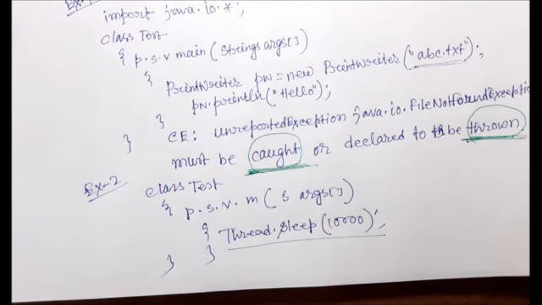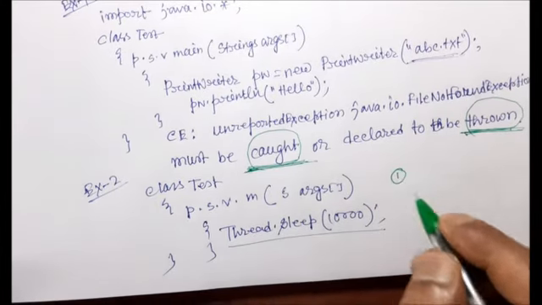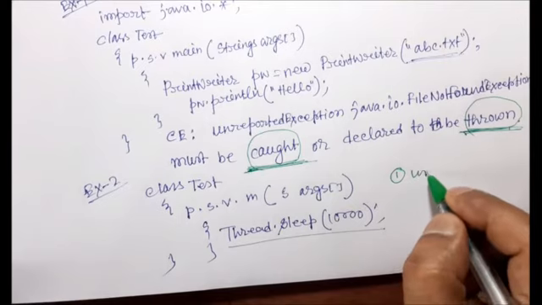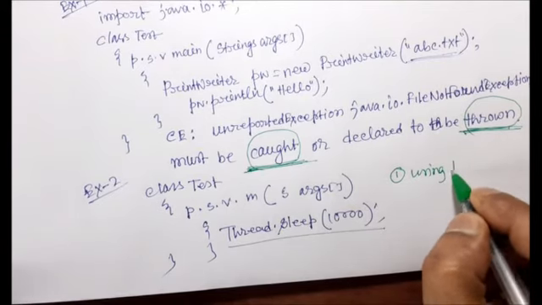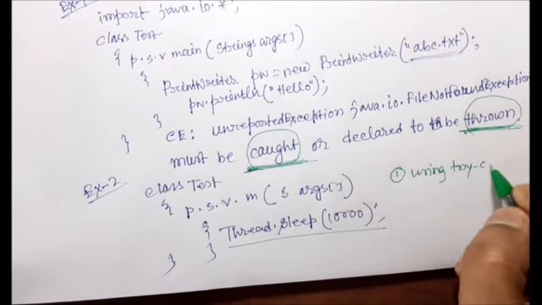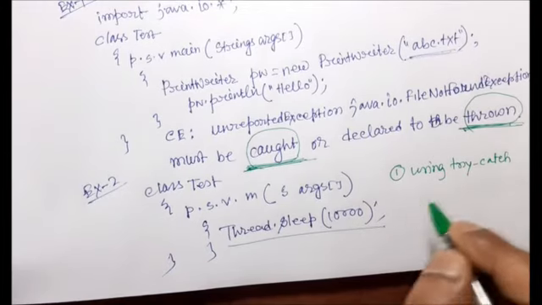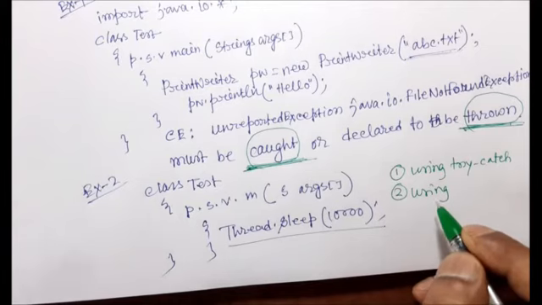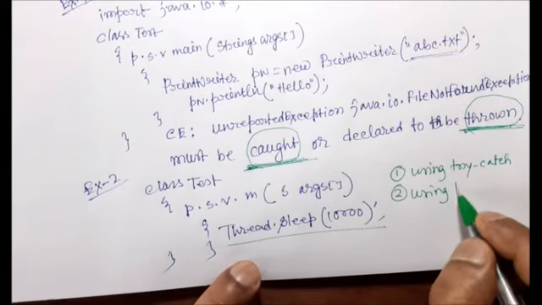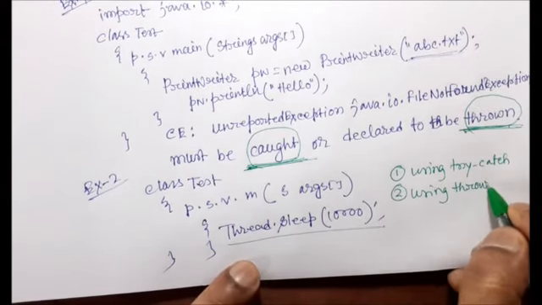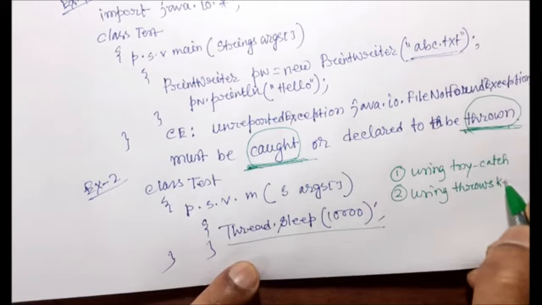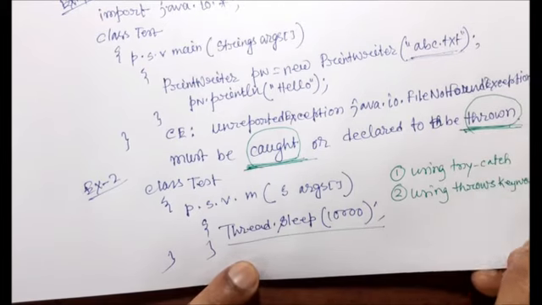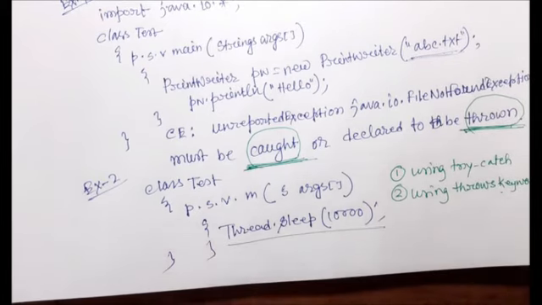What are the ways? The first way is using a try catch block, and the second one is using the throws keyword, or clause, or statement.